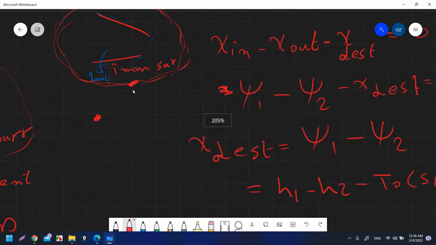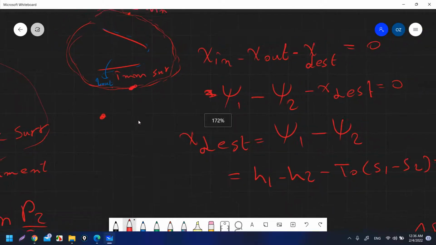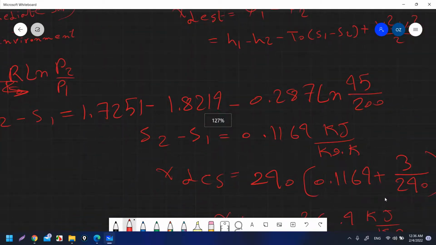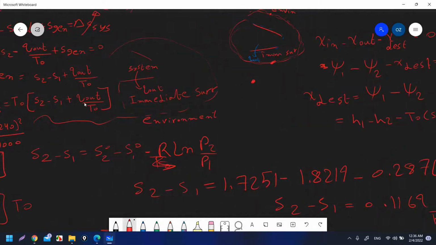The temperature of the environment and the immediate surrounding are the same at the point that they meet. Okay, that is why I put here T naught. Okay, Q out over T naught.